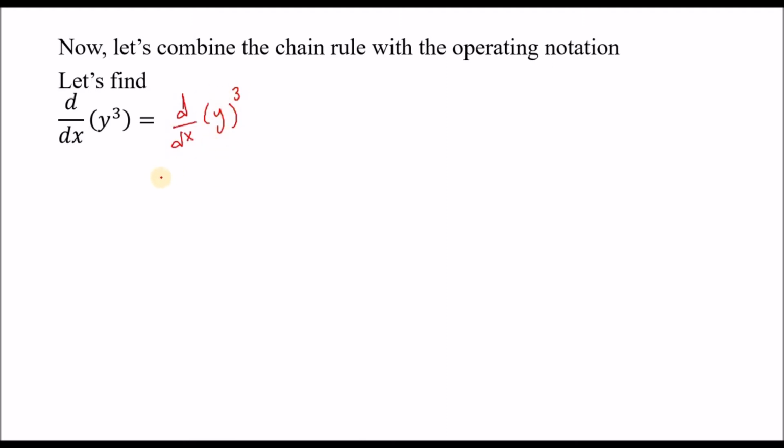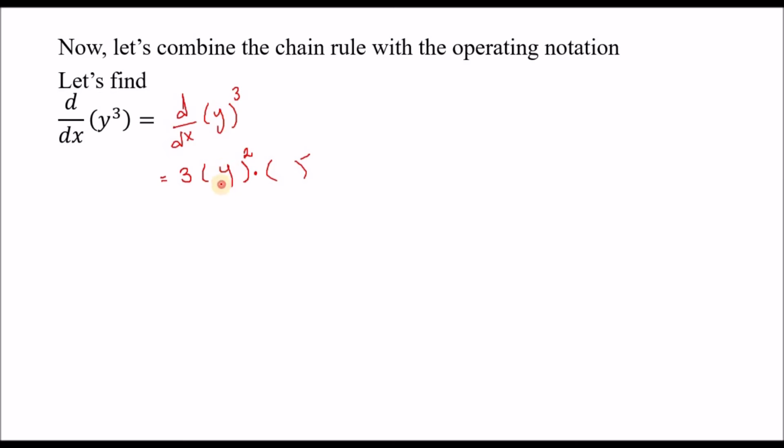I'm going to say this is equal to, the power comes down, and then the parentheses remain intact, and then I will take 1 away from 3, so I will have 2 times, remember I'm using the chain rule in this case, the derivative of what's inside. Now I'm going to put y back right here.